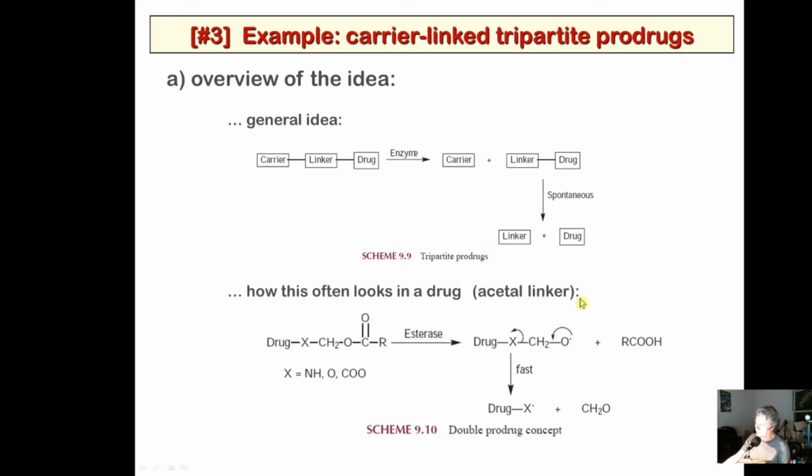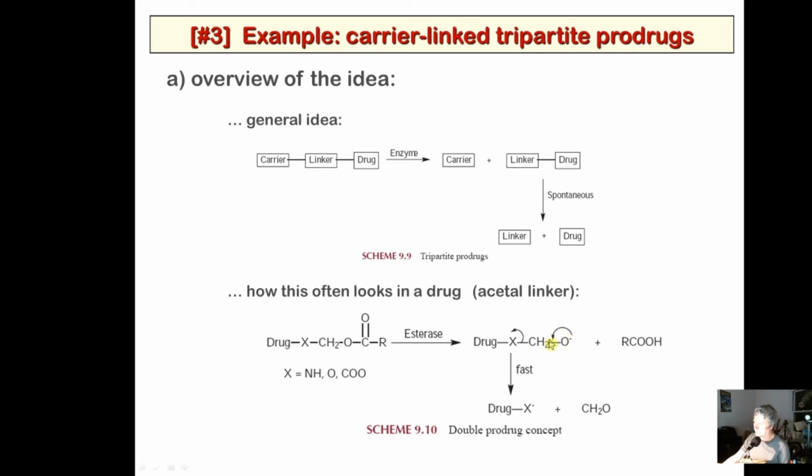So it often looks like this. Very commonly, you have a drug and then an X, like an NH, or an oxygen or some other, maybe an ester or something, and then a CH2 and then another ester. And so the esterase enzyme will cleave this and make this kind of hemiacetal intermediate, which is not very stable, and then this will cleave very rapidly.